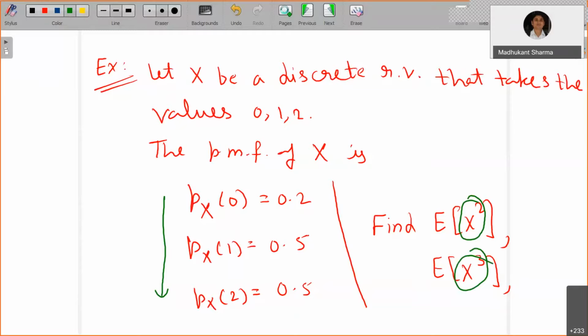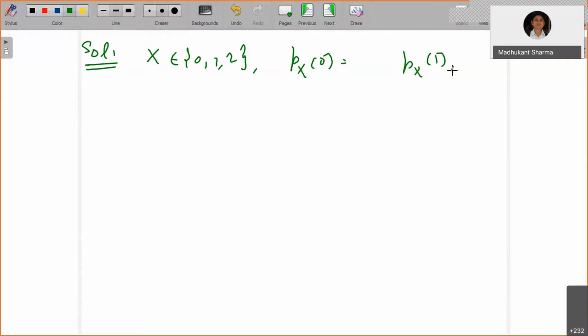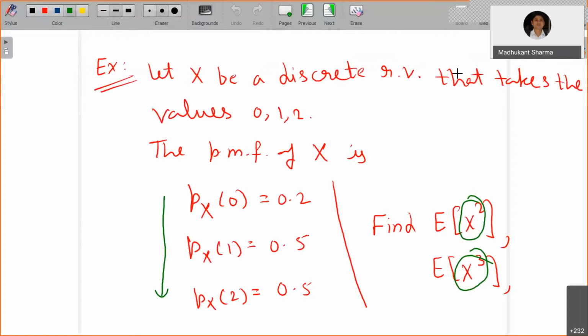So you have been given x which belongs to 0, 1, 2, and also pX(0), pX(1), and pX(2) are given: pX(0) is 0.2, then 0.5, and this is 0.3.